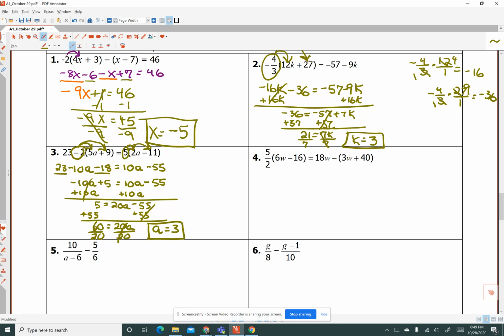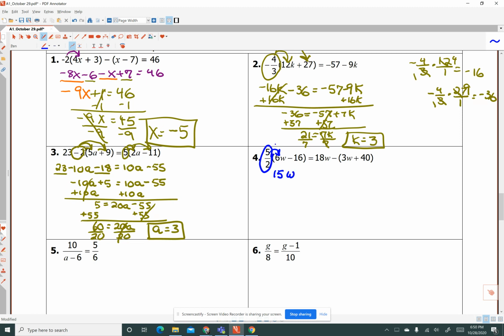Okay, another fraction, that's fine. I'm not afraid of the fractions. So if we multiply 5 over 2 times 6, we will have 15w.